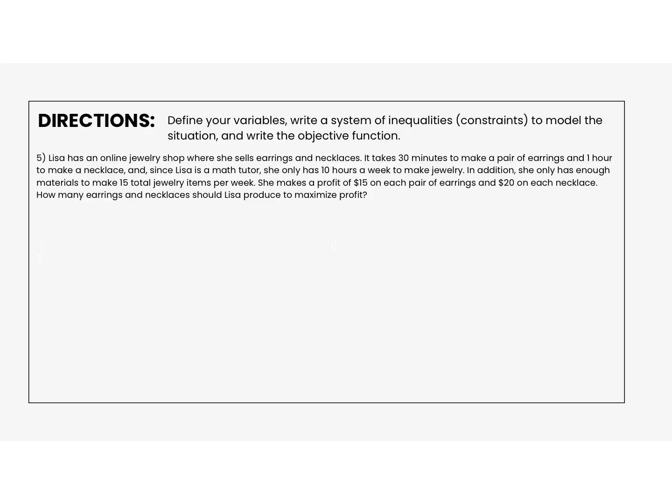So, a couple things we need to think about here. We're going to write the constraints and an objective function. I think sometimes it's easiest to start with the objective function, or at least to figure out what that's going to look like. And we want to maximize profit. So our objective function is going to be how much money we can make.